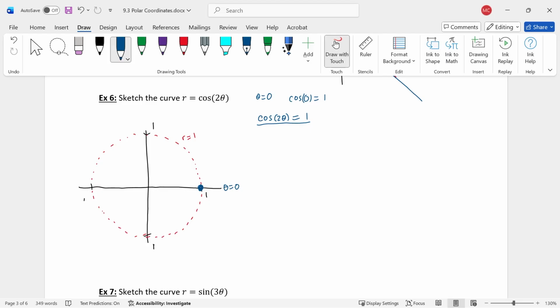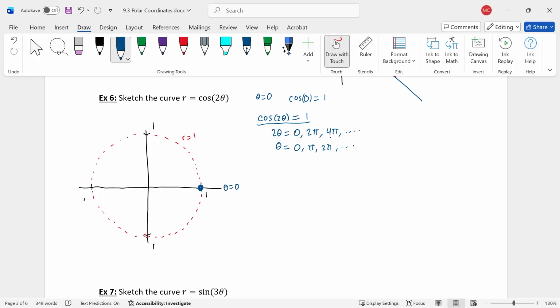But where else is cosine of 2 theta equal to 1? Well, that's when 2 theta is, yes, 0, but also at 2 pi and 4 pi and so forth. So that would be whenever theta is 0, pi, 2 pi, and so forth. All I've done here is divided out that 2 across all of my solutions.